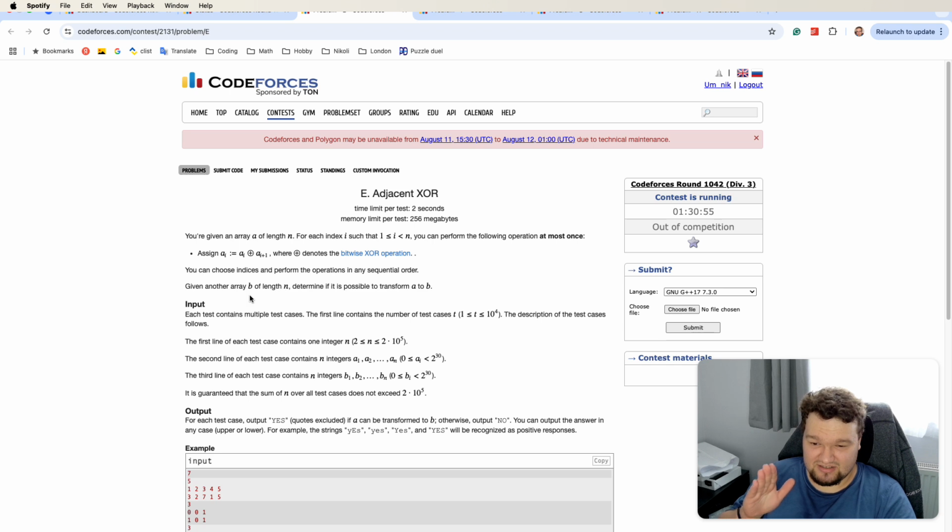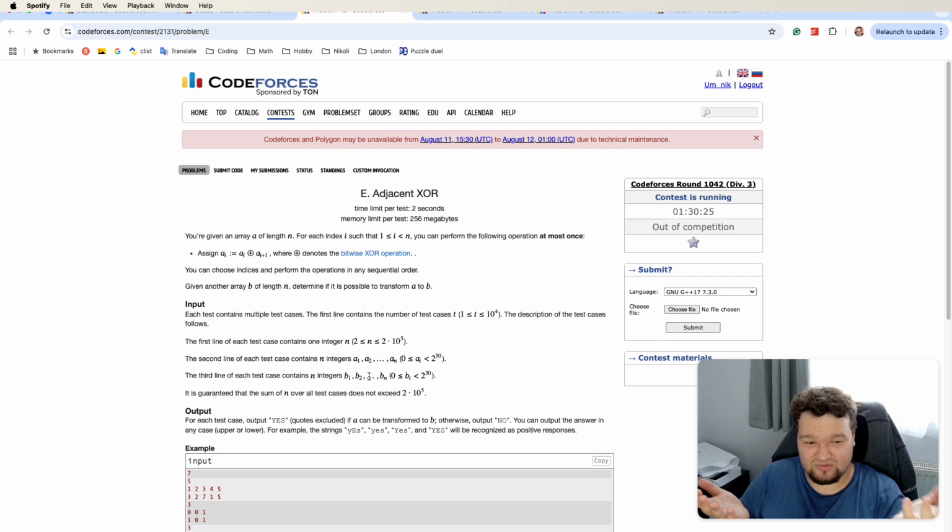So actually, the code is super simple. For the last position, I cannot do anything, so they must be the same. For every other position, I need to check that either AI and BI are already equal, or I can use either AI plus one or BI plus one to XOR with AI, and I must get BI.